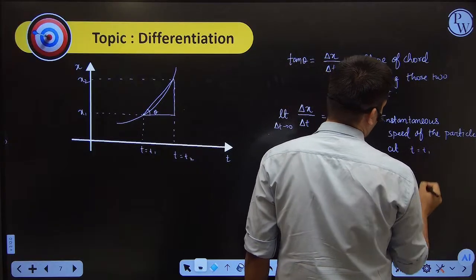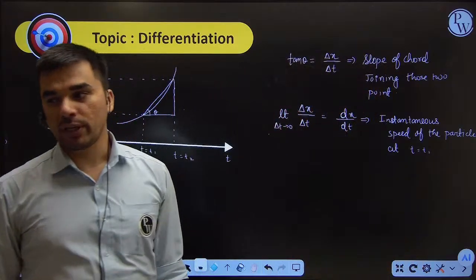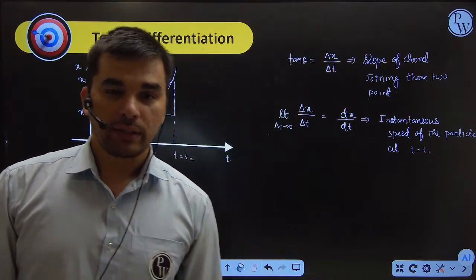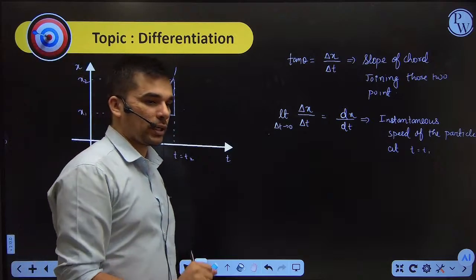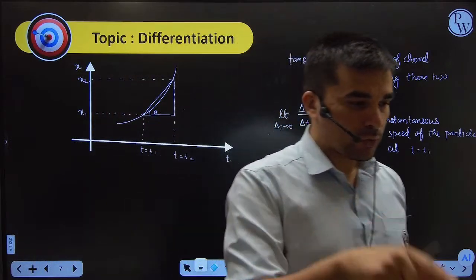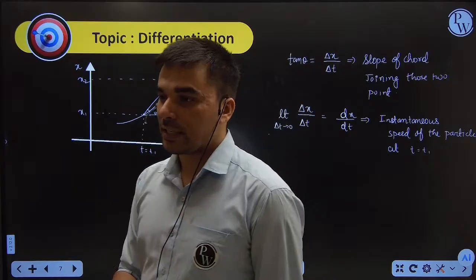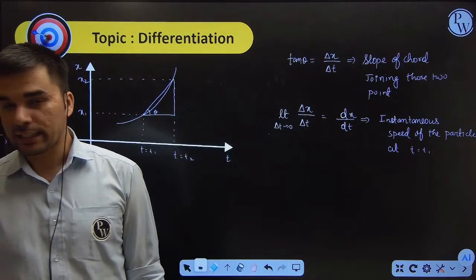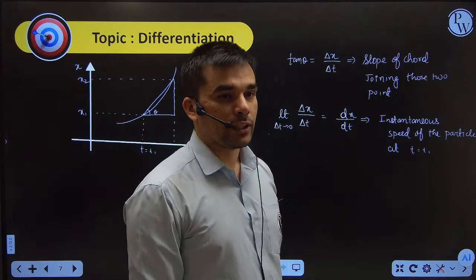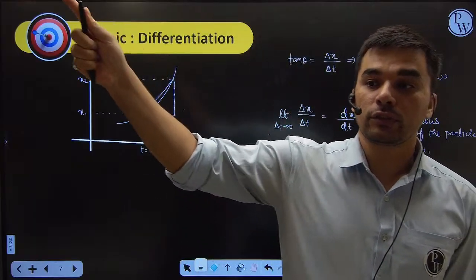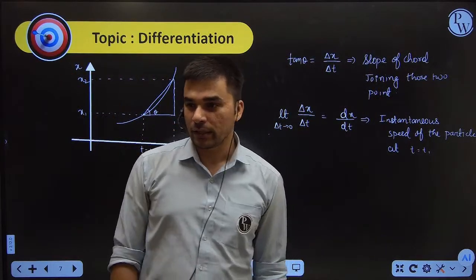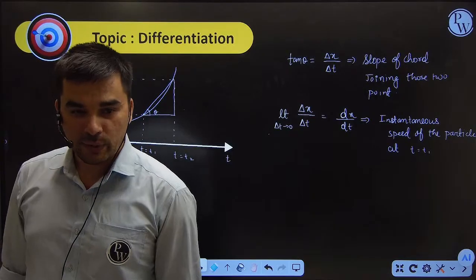We had selected our duration of time to be starting from t is equal to t1 to a very small quantity. So whatever was the average speed in that is nothing but the instantaneous speed as felt by you, because that duration you cannot actually sense. You will say that 1 second and 1.00001 second is like 1 second only. So at that instant you are recording this particular speed.